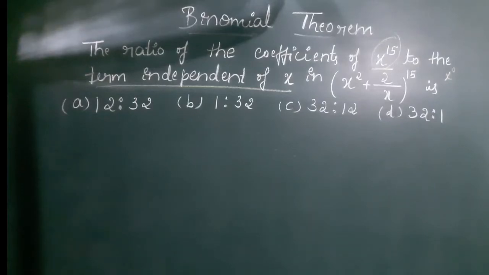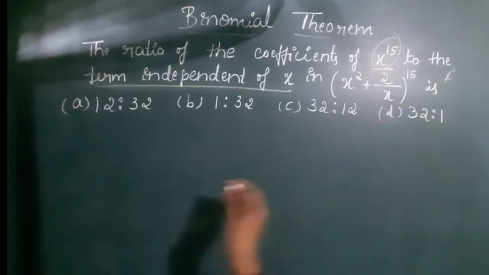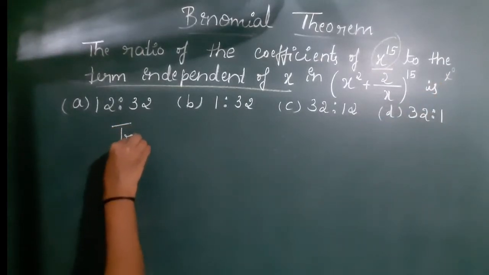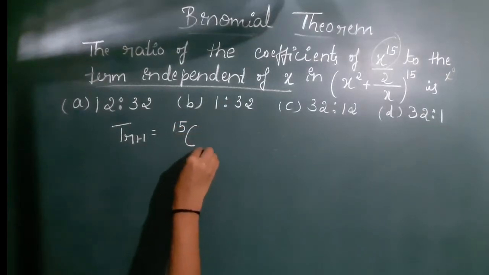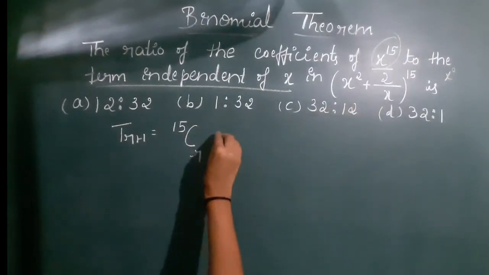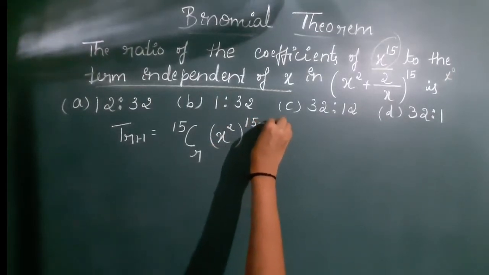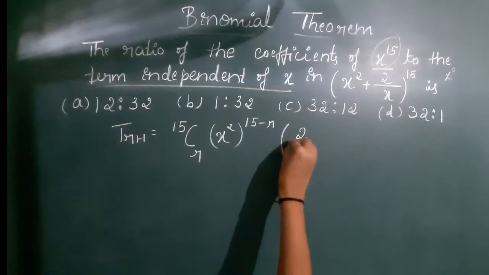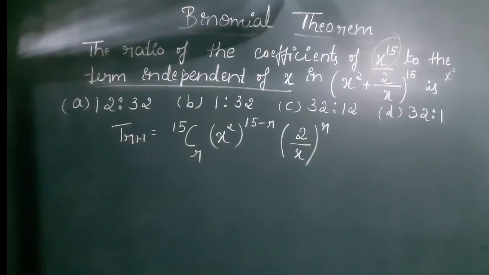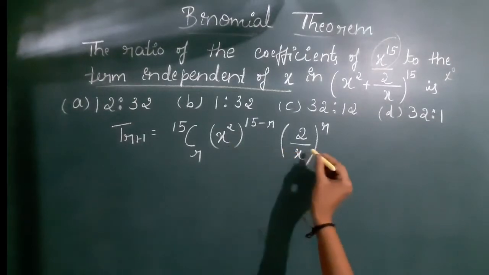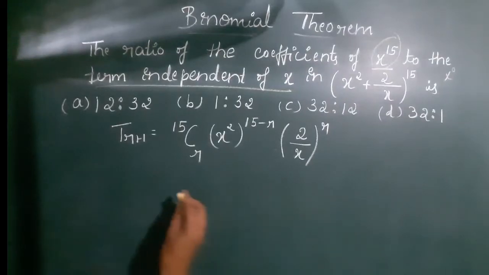Now let us check with this. First, what is the expansion now? nCr. What is the value of n? It is 15, right? T(r+1) is equal to 15Cr. Right, x square is there. So (x^2)^(15-r) into (2/x)^r. First we will collect the terms in x. After that we will find the coefficient of x^15 and the term independent of x, so that it will be easy.